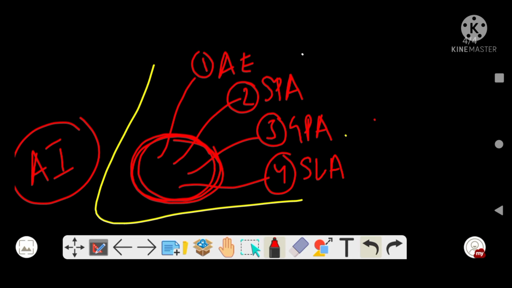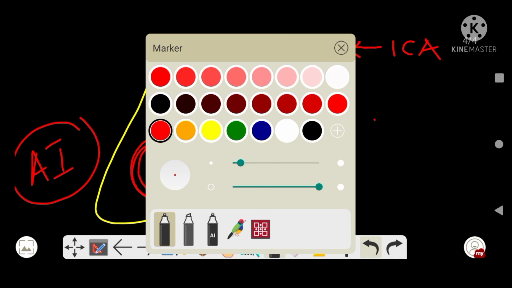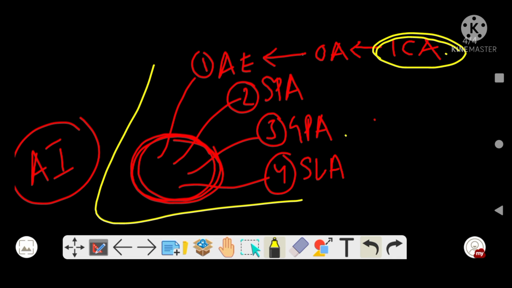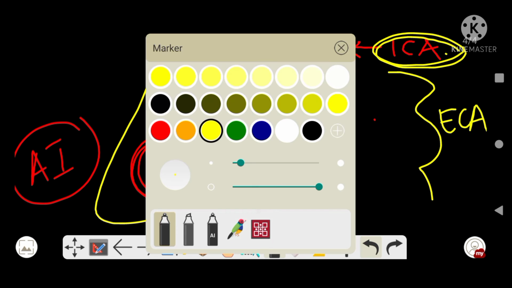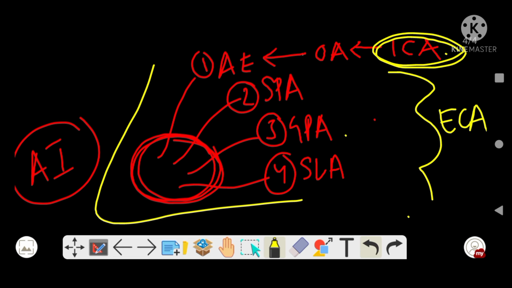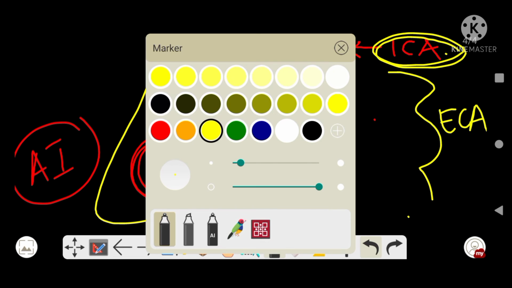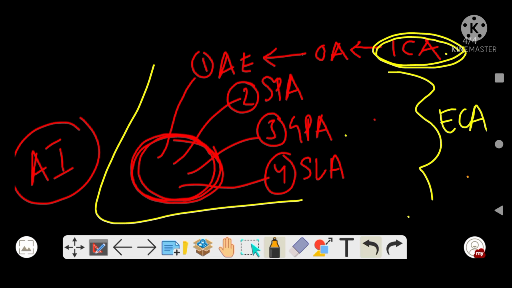Now, the anterior ethmoidal artery arises from the ophthalmic artery, which in turn arises from the internal carotid artery. Remember this point, internal carotid artery, because the rest are all derived from the external carotid artery. How? I will show you. Now, the sphenopalatine artery is derived from the maxillary artery, and the maxillary artery is derived from the external carotid artery.